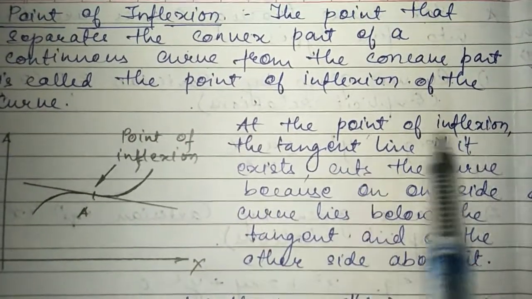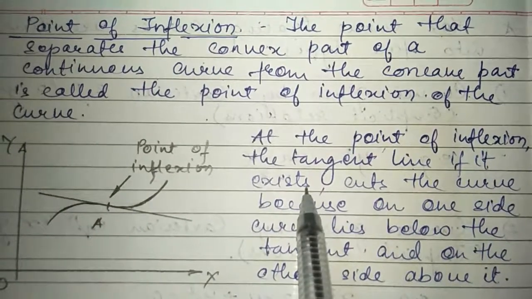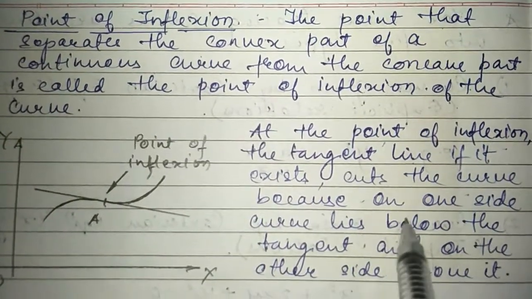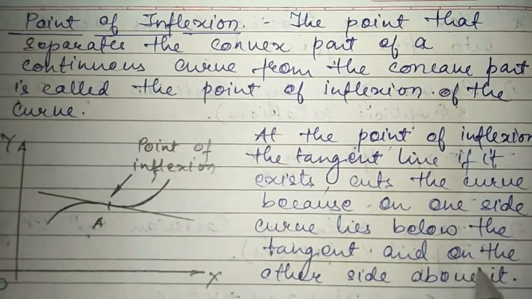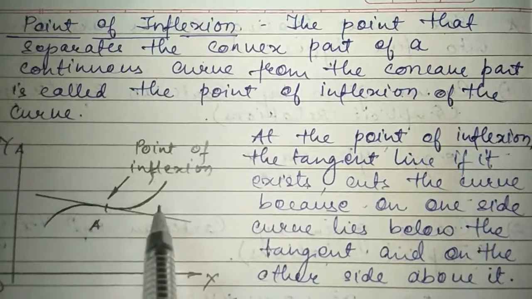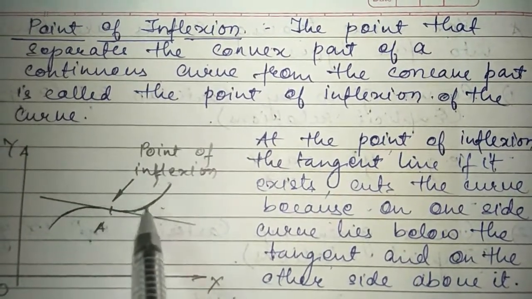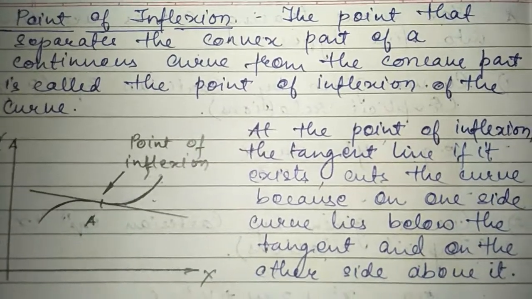Further, at the point of inflection, the tangent line, if it exists, cuts the curve because on one side the curve lies below the tangent and on the other side it lies above it. Now this part of the curve lies above the tangent, this part of the curve lies below the tangent.